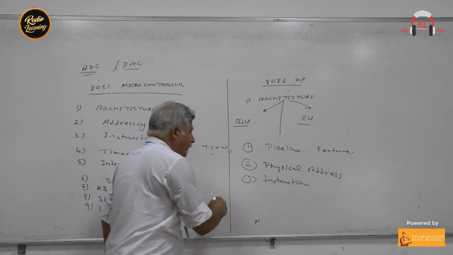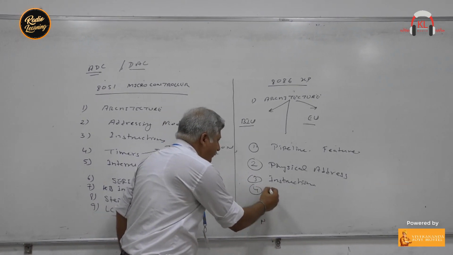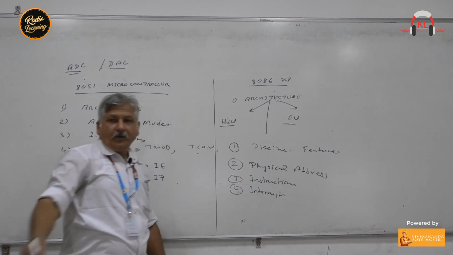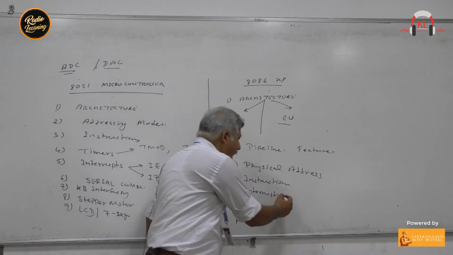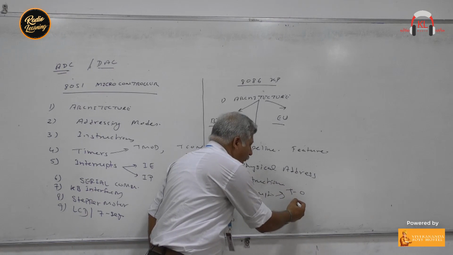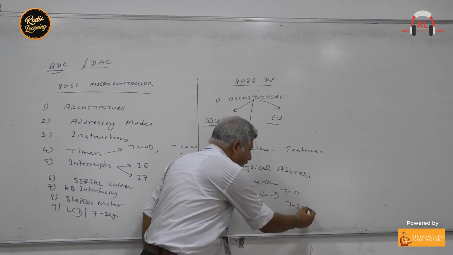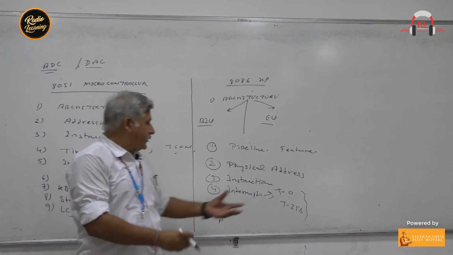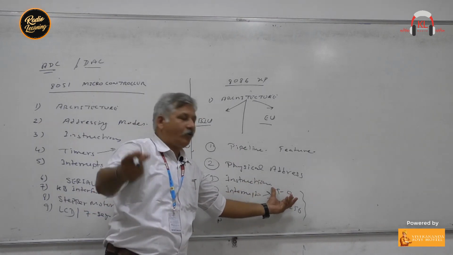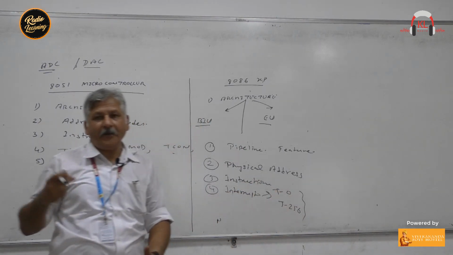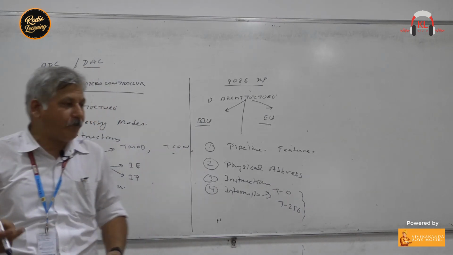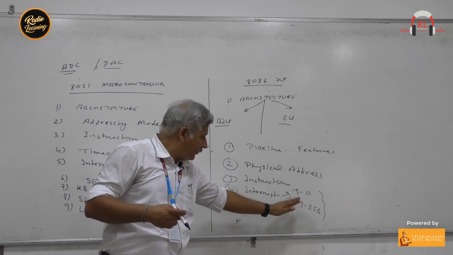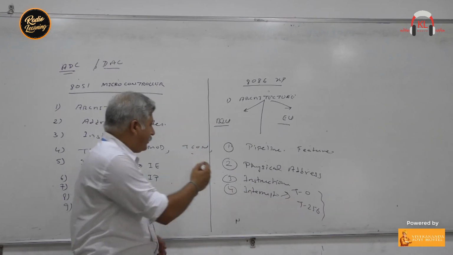Then you have to study the interrupts. In 8086 there are 256 interrupts, type 0 to type 255 software interrupts. What is the vector location for type 0 interrupt? For type 2 interrupt, what is the vector location? Again, how to calculate these memory locations, the vector locations. You must know this.